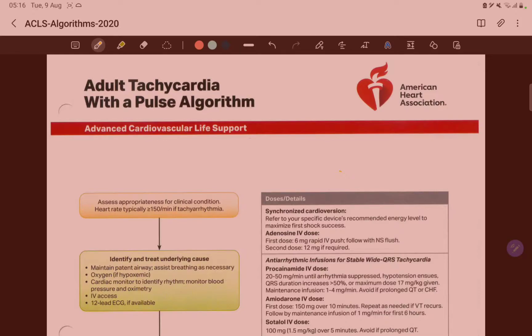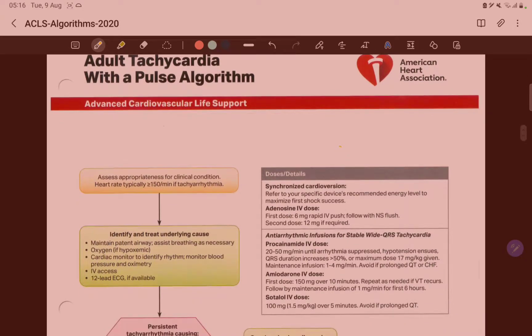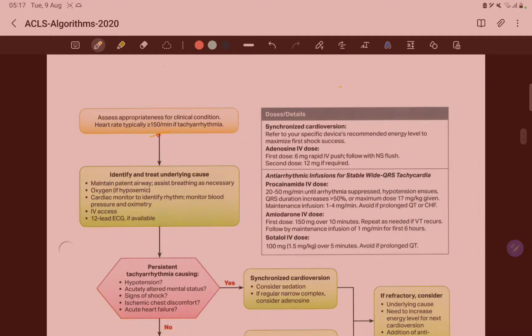This is about tachyarrhythmias and bradyarrhythmias. In ACLS, we see a patient with maybe a low blood pressure or a high blood pressure, but the pulse rate is important.